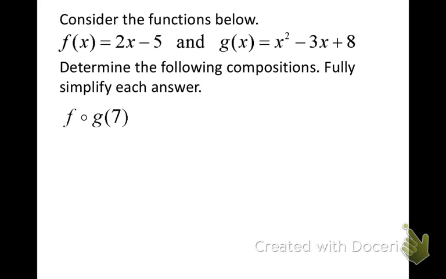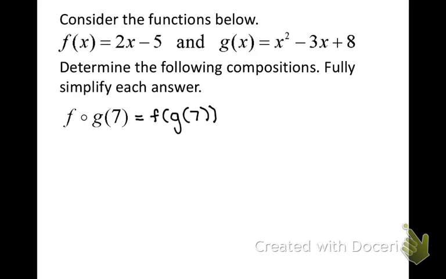So the first one that we're going to look at is f of g of 7. Now keep in mind, if you feel better about it, this is the same as writing f of g of 7. You're welcome to write it either way for my purposes, but you should also be able to recognize either of those notations and know what it is asking you to do.